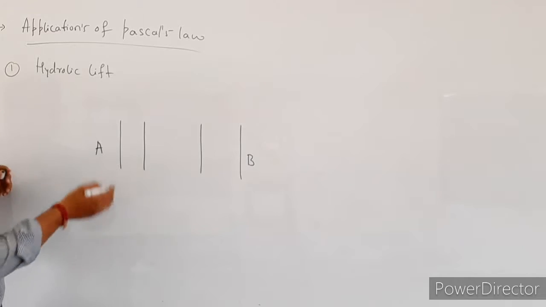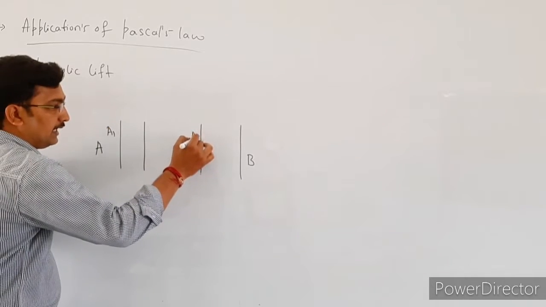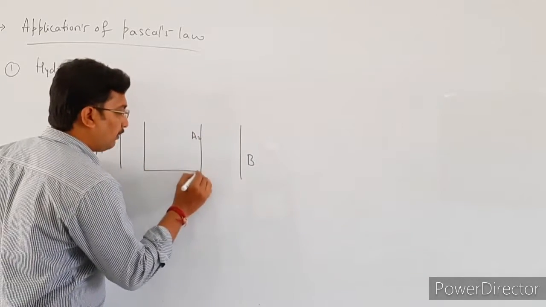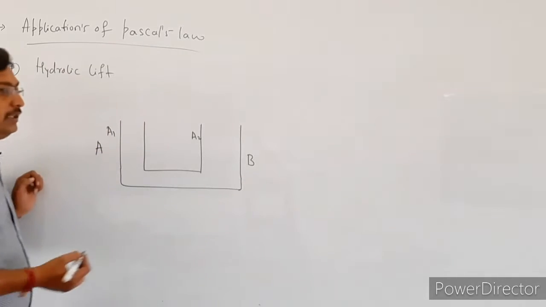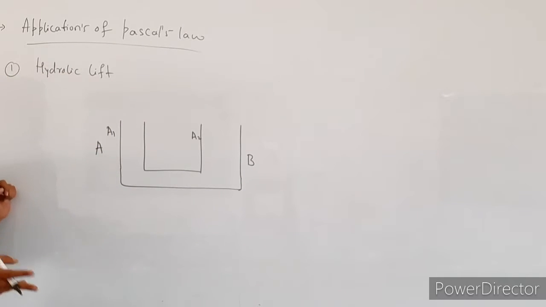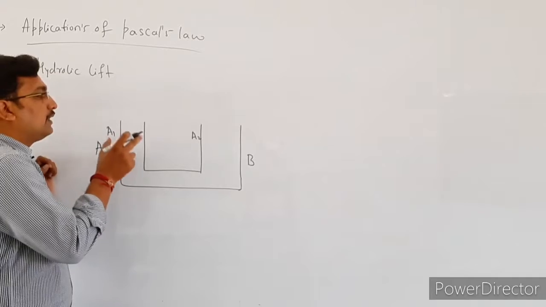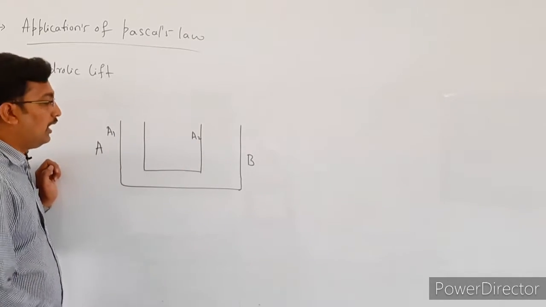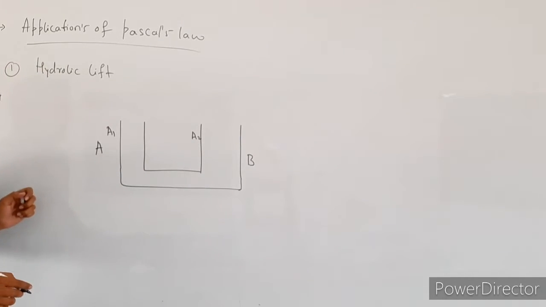The area of the first cylinder is A1, and the area of the second cylinder is A2. These two cylinders are connected with the help of a horizontal pipe.